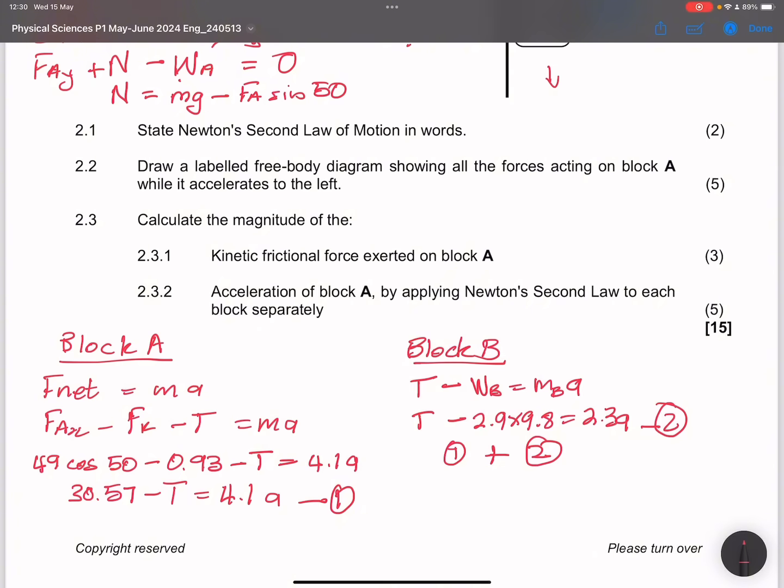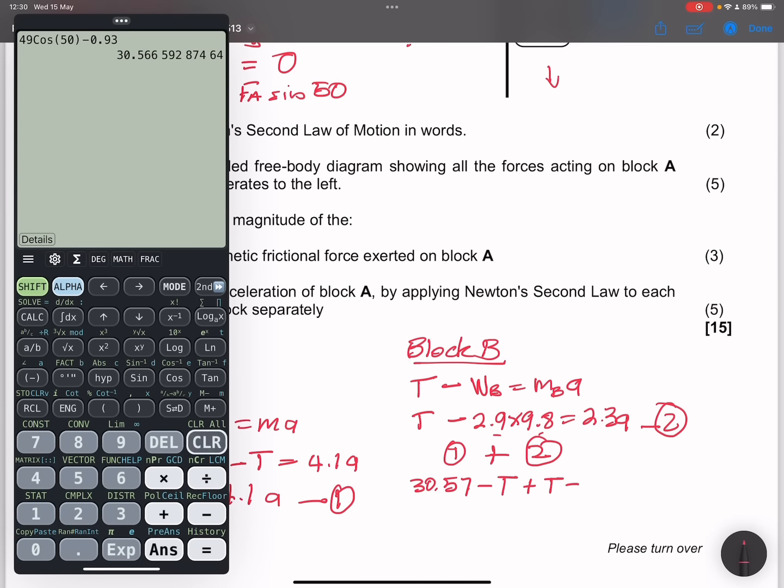You're going to have 30.57 minus T plus T minus, now if we took 2.9 multiplied by 9.8, that will give us 28.42, and this is equal to, if we add the right hand sides together, 4.1 plus 2.3, that will give us 6.4, and so that becomes 6.4a.